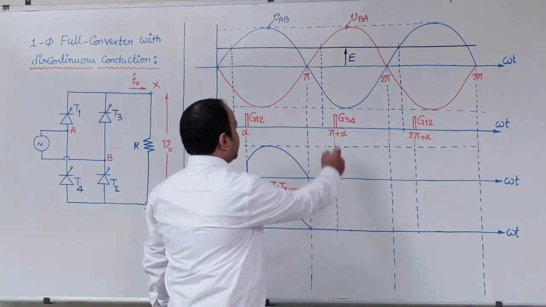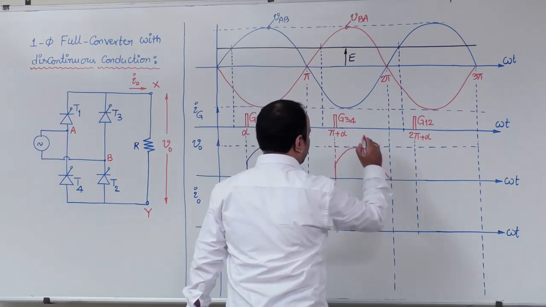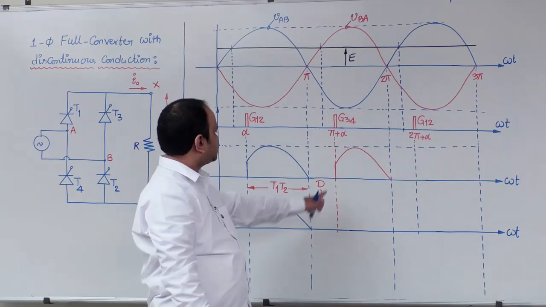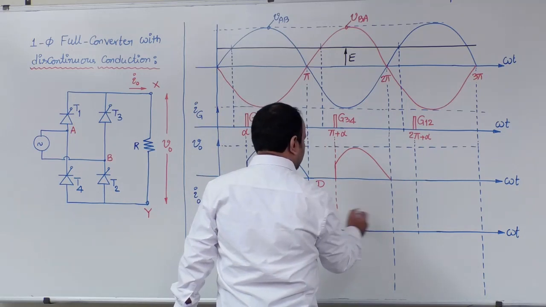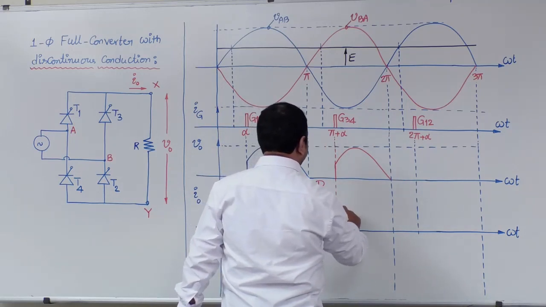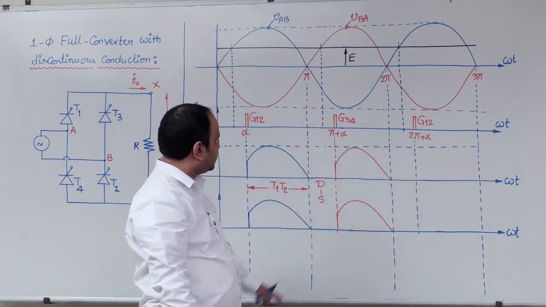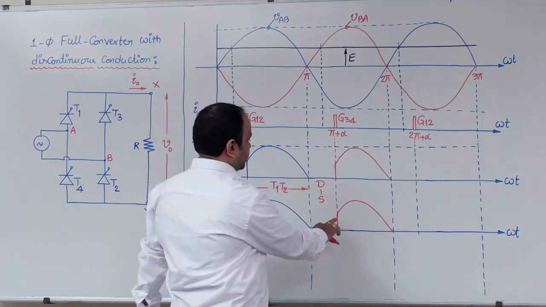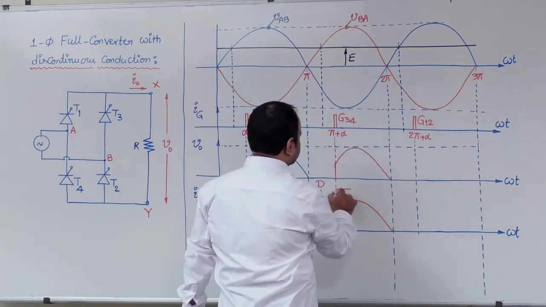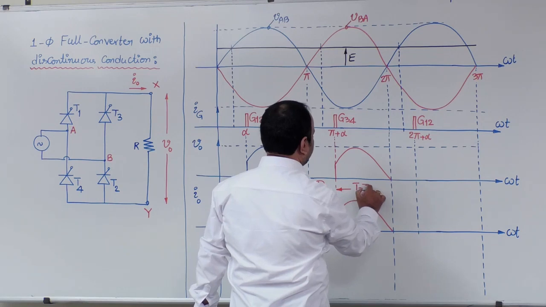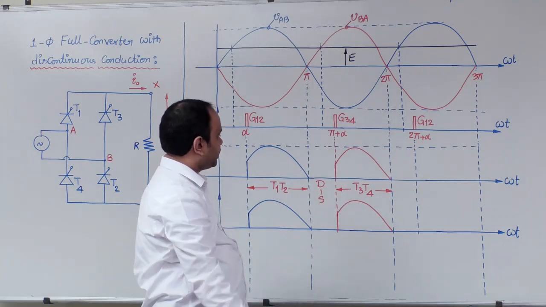The T3 T4 pair is triggered at pi plus alpha. Hence, the output voltage will follow VBA from pi plus alpha to 2 pi. As the load is resistive, the output current will have the same waveform shape as the output voltage. In this waveform, the output current through the T3 T4 pair will have zero crossing at omega t equal to 2 pi.